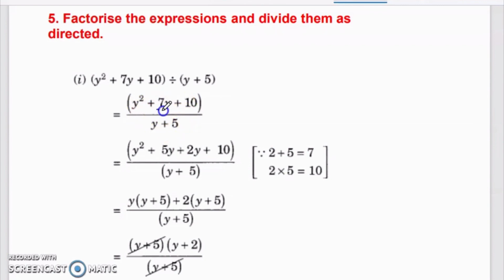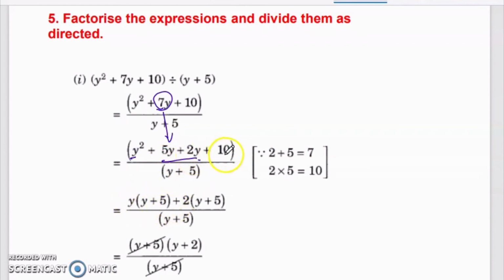So 7y is the middle term which you will split in this form as 5y + 2y. So 7y has been written as 5y + 2y. And why has this been done? So that we can do regrouping and we can take out common factors between the two groups. So between y² and 5y, I can take y common. So I'll get y into (y + 5).